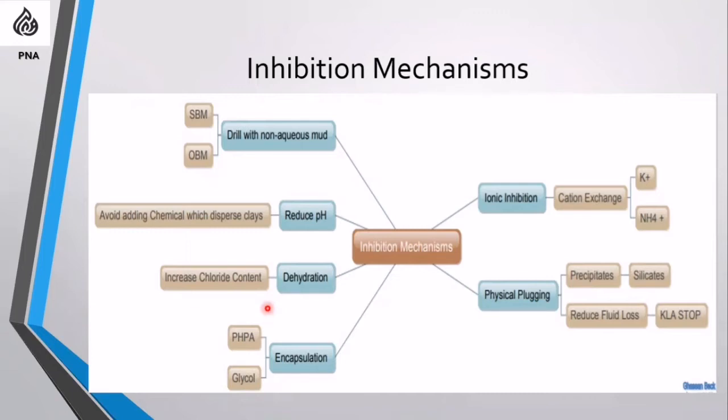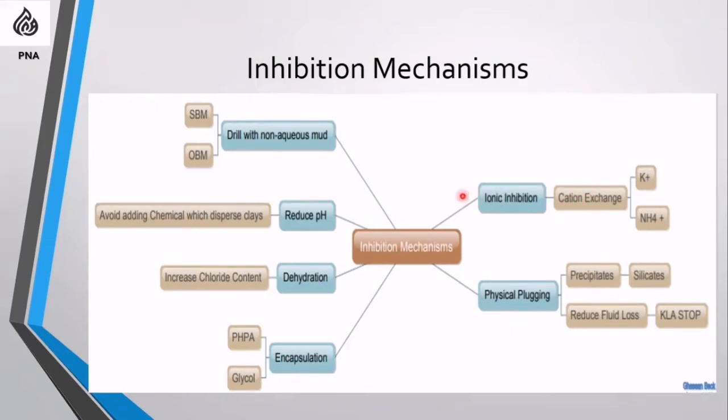This will dehydrate the clay: the pore water in the clay will go from the clay to the mud by the difference in osmotic pressure. This is dehydration. If we have low salinity in our mud, the water phase in our mud will go to the formation and cause swelling.